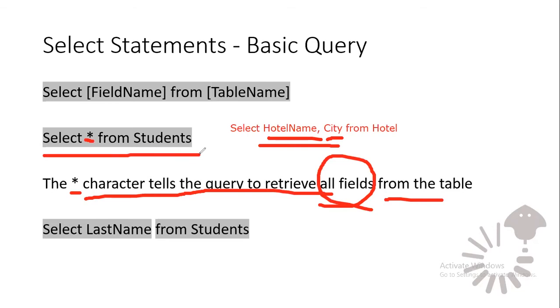So, ibig sabihin, lahat, as in lahat ng records, lahat ng fields, kukunin niya from that table. Another example is select last name from students. So that is the basic structure of a basic query or the select statement.